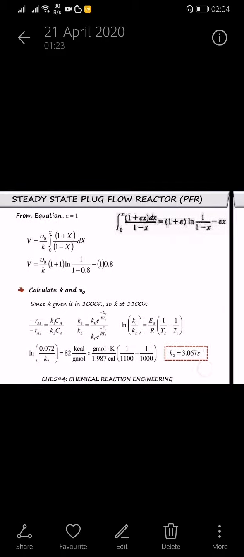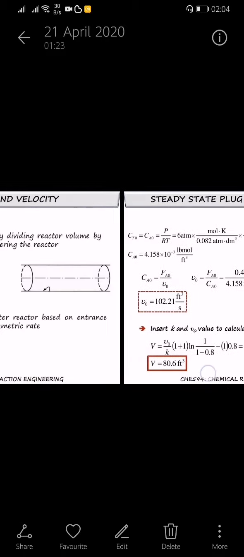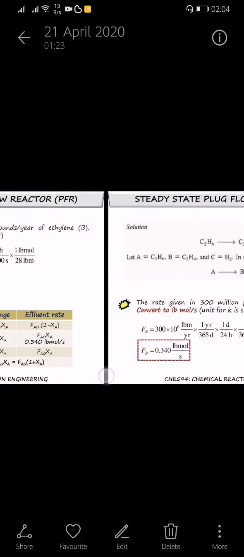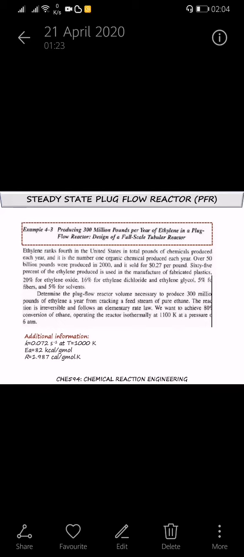Okay, ini adalah example kalau nak kira PFR, on how to design the PFR. So dalam soalan ni dia memang tanya volume of production ethylene in plug flow reactor.